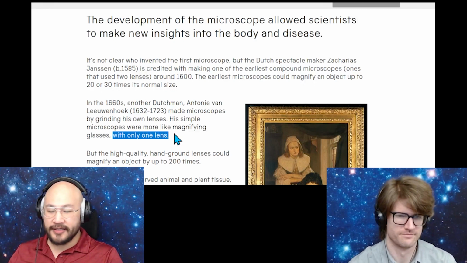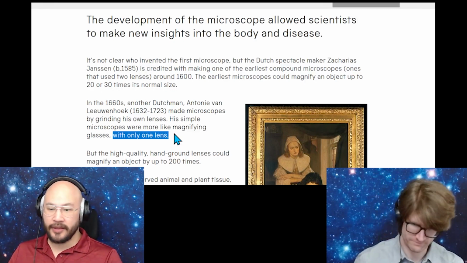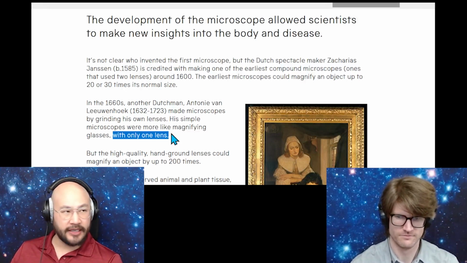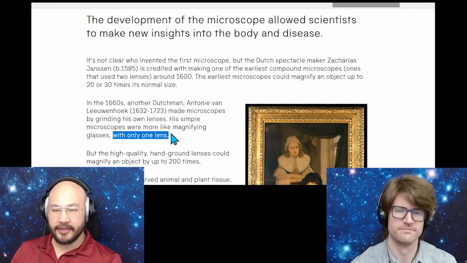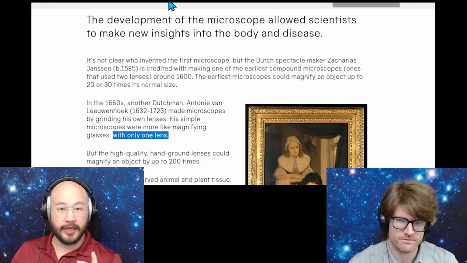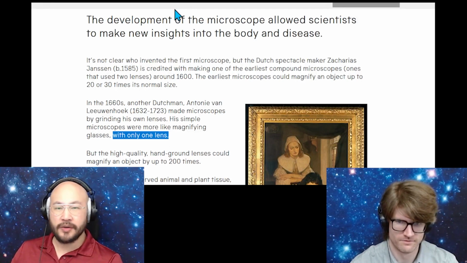It makes things look bigger, but it's also something very easily done. If that was done in the 1670s, the 1600s, it was, if I remember, a 30-year, 40-year turnaround before somebody made a compound microscope, a microscope that used 2 or more lenses.